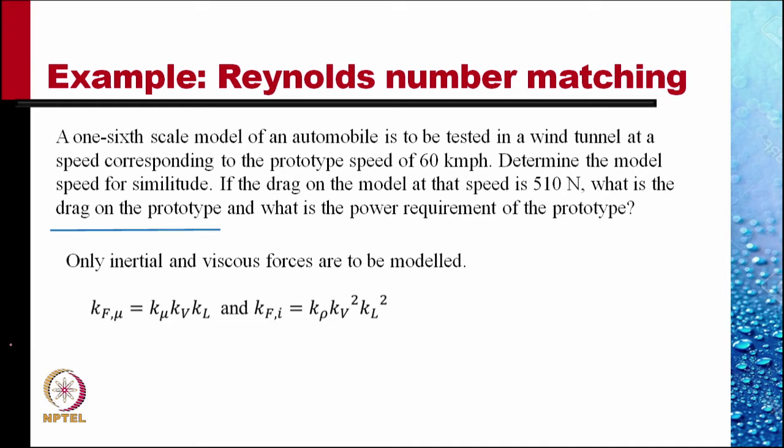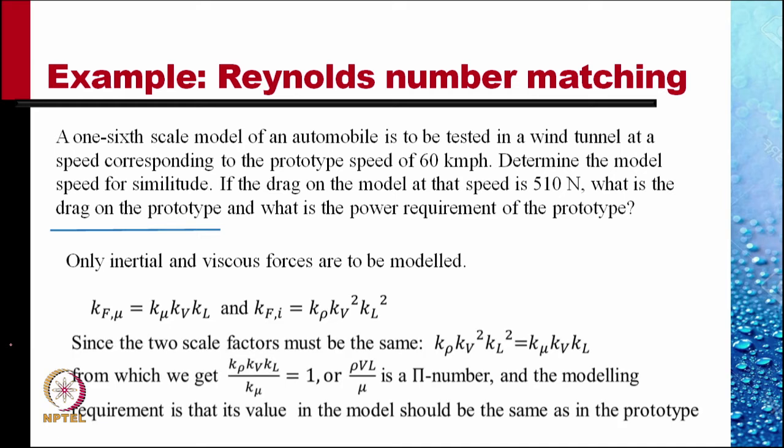The two scale factors must be the same, and from this we get K rho Kv Kl divided by K mu is equal to 1. Or from this we can obtain rho V L by mu as a pi number. The modeling requirement is that the value of this pi number for the model should be the same as for the prototype.